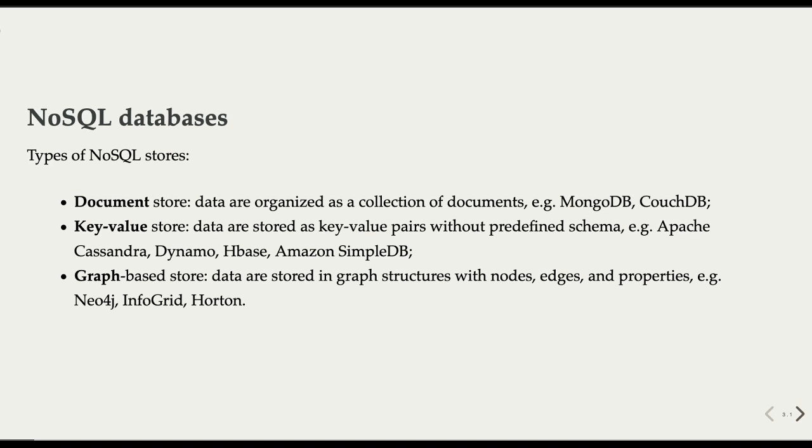Sometimes you also have graph data, and perhaps you need to use a graph-based store where data are stored in a graph structure with nodes or entities and edges connecting them. There are certain technologies such as Neo4j that are best suited for this kind of storage. So these are some of the major types of NoSQL databases.